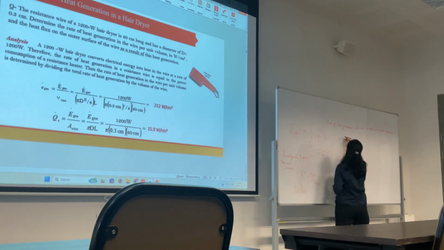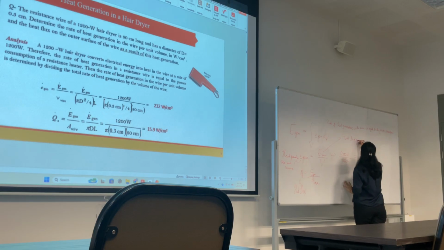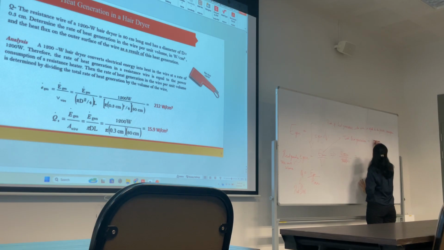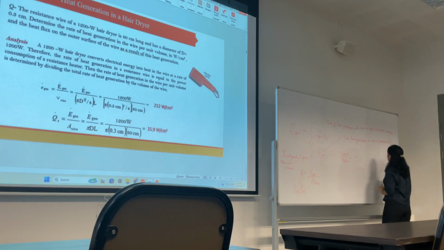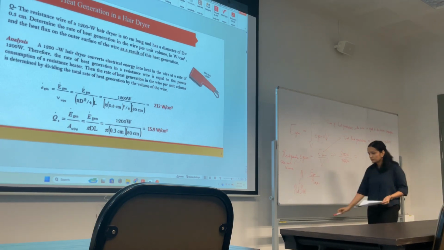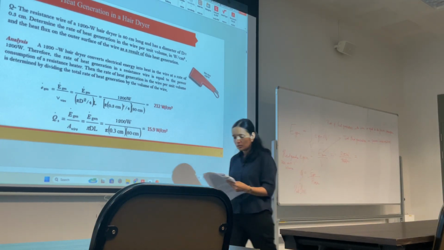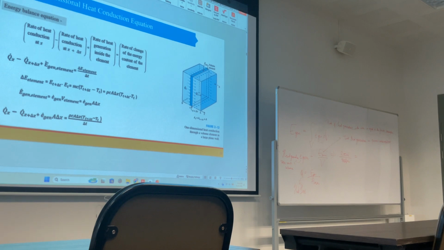This is total. Heat generation equal to the power consumption. Okay? Clear? Okay.